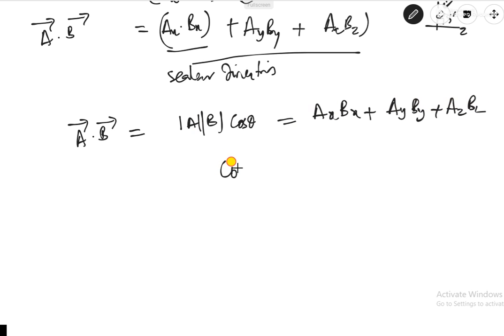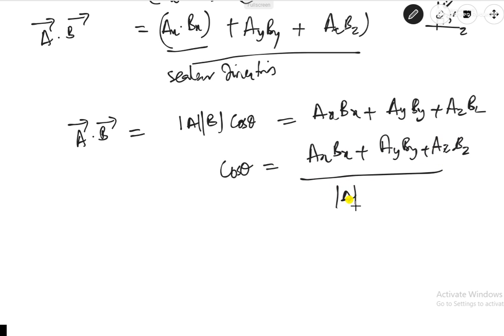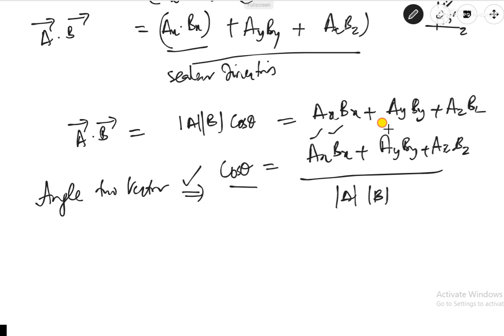So cos theta is equal to AX BX plus AY BY plus AZ BZ divided by the magnitude of A times the magnitude of B. So when you don't know the angle theta between the two vectors A and B, this will suffice to find the angle between them. So the angle between two vectors can be known by this formula. We should know the components of each vector as well as the magnitudes. This is how we form it.